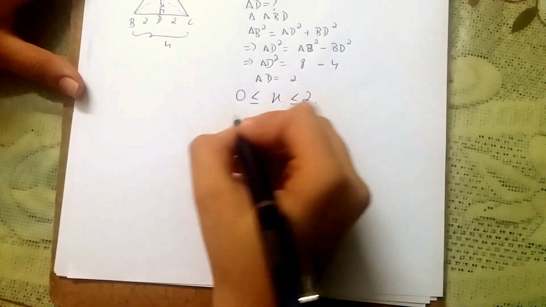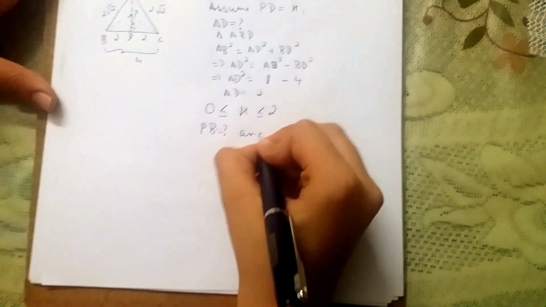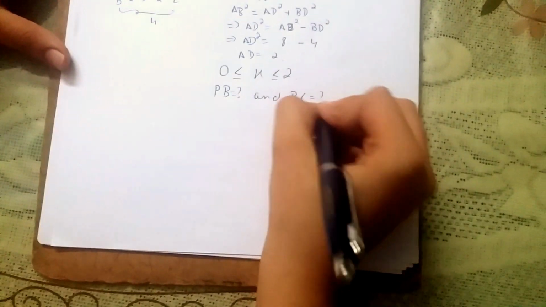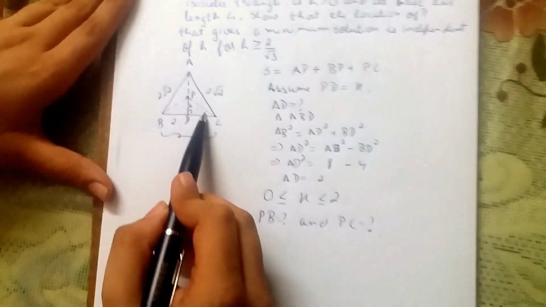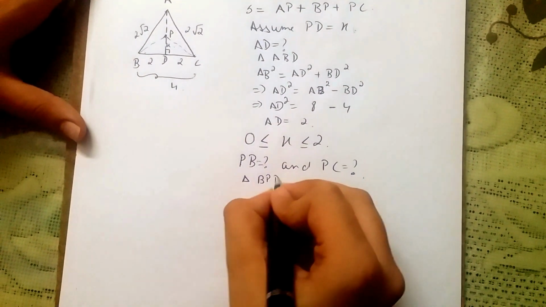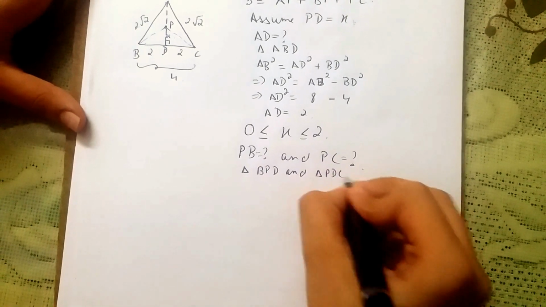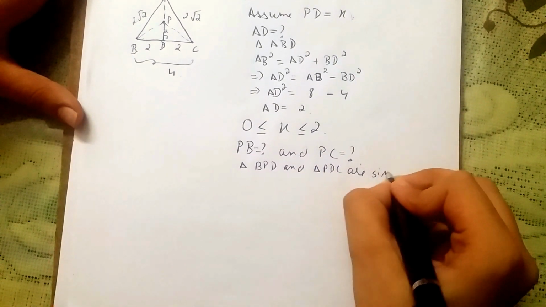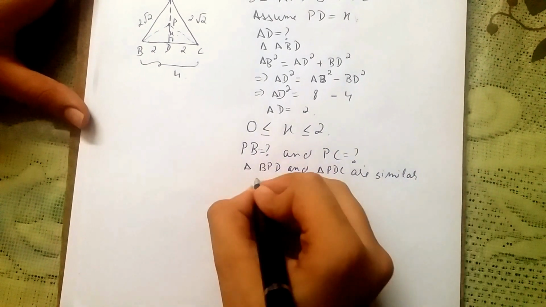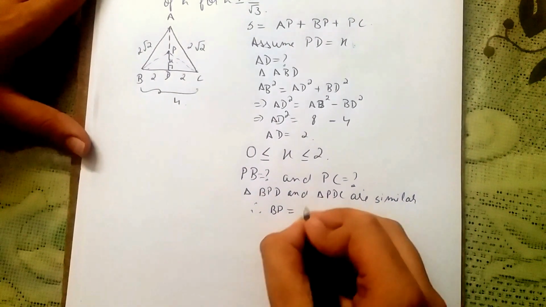Now we need to find PB and PC, which we can see, these two triangles, triangle BPD and triangle PDC, are similar. Therefore, BP will be equal to PC.